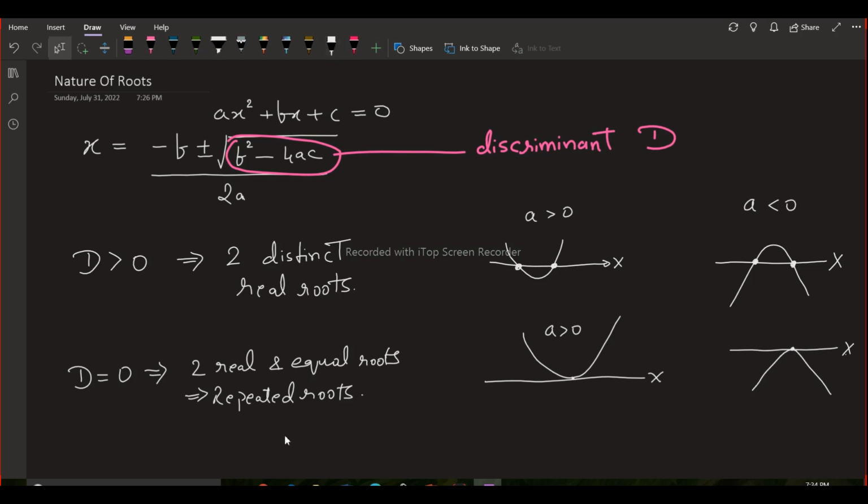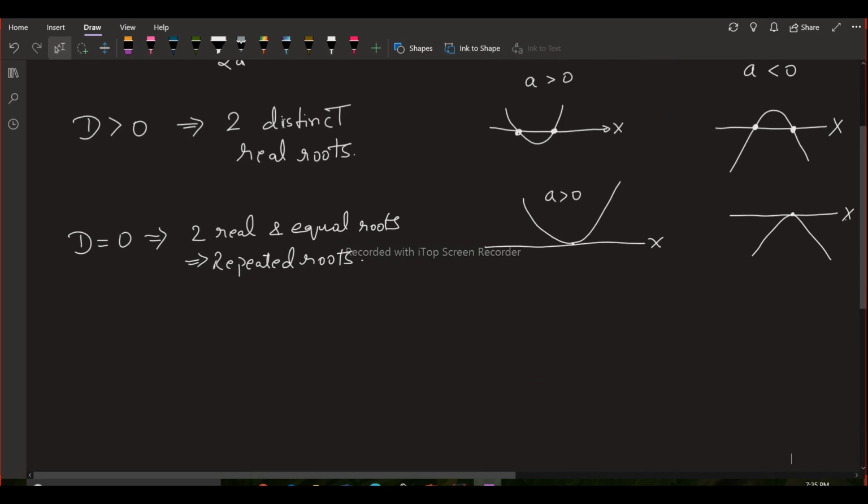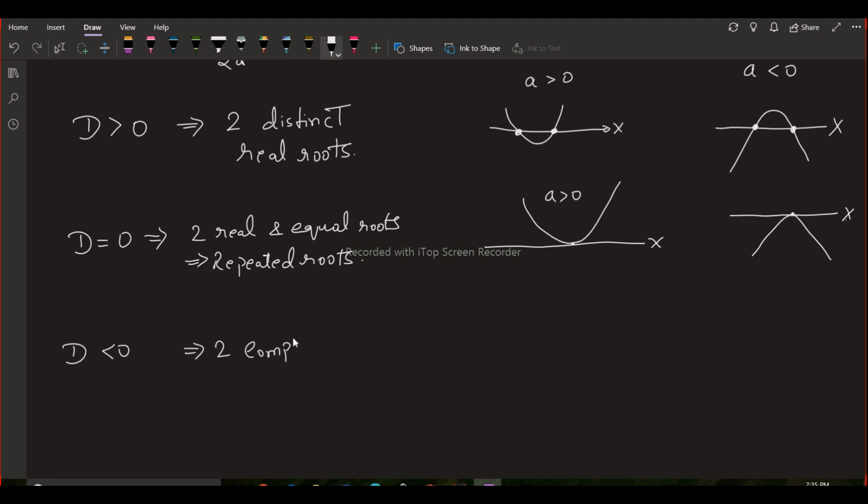And the last part, if you have D less than 0, obviously something inside the square root is negative, so that is a complex number. In this case, we'll have two roots, but these are two complex roots, or we can also say imaginary roots.